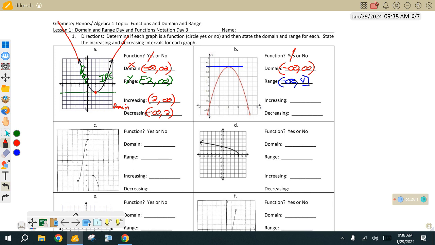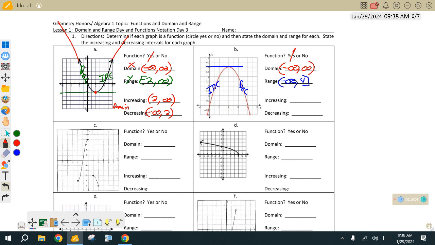Now, the new part from today is coming from the domain, the increasing or decreasing. So again, what I always have my students do, my Algebra 1 kids, we did a ton of this last year. What's the left side of this graph doing? Trust your eyes. What are your eyes doing from left to right? First, they're increasing, and then they are decreasing. And tell me where they flip.